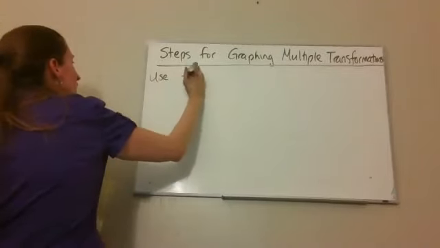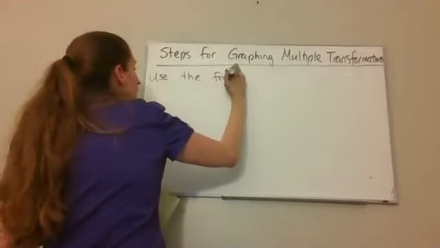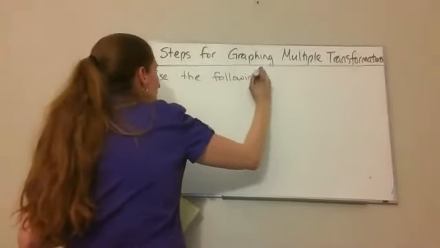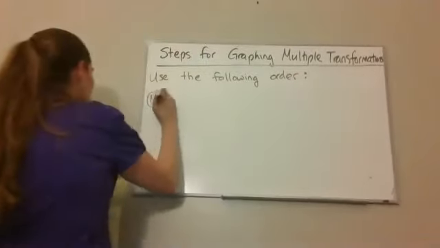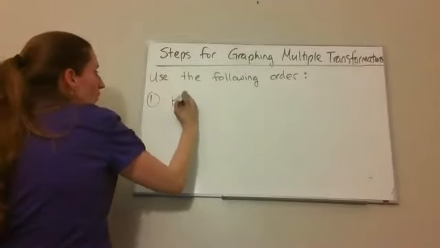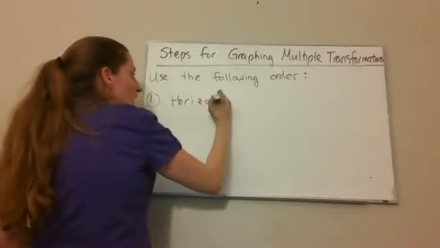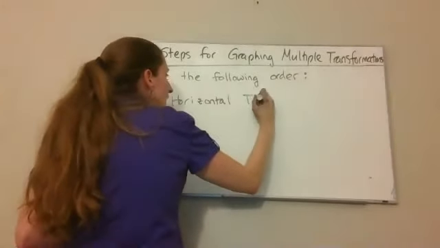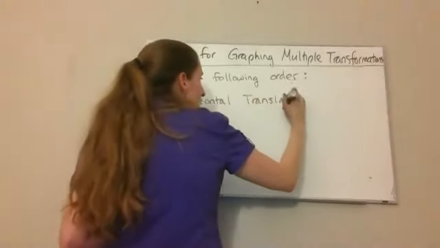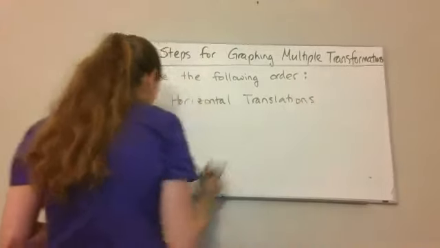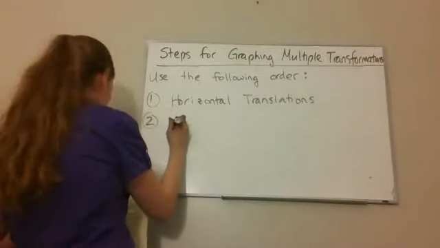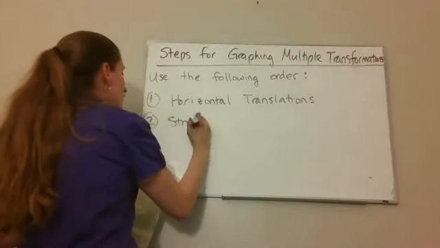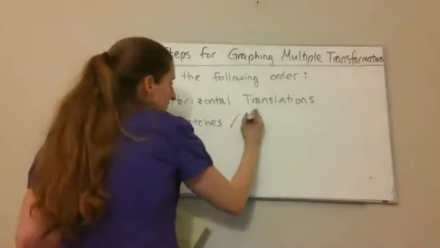We need to use the following order when we have more than one transformation in the problem. First, you need to take care of all of the horizontal translations. So that's all of the shifting to the right or shifting to the left. Do that first. After you've taken care of those, then you do all of your stretches and shrinks.